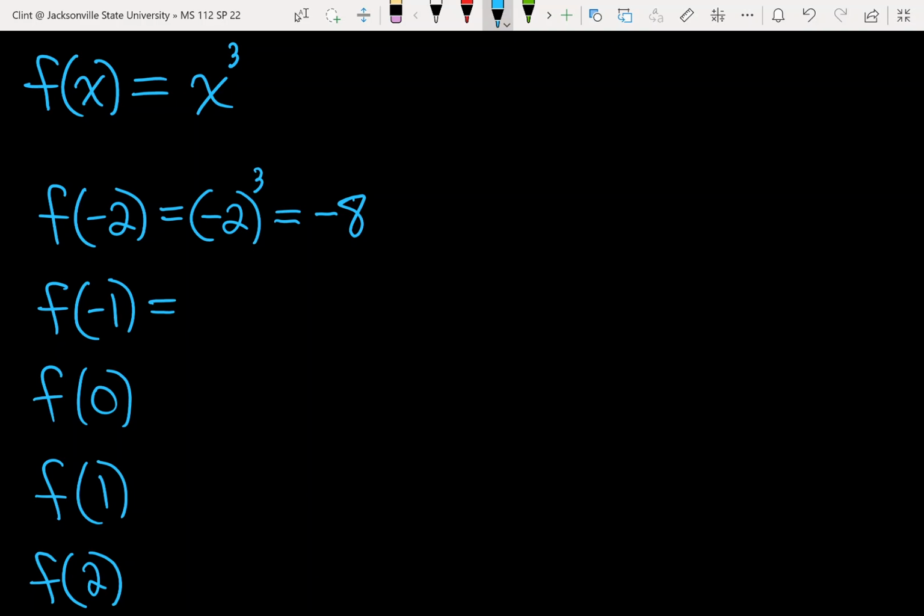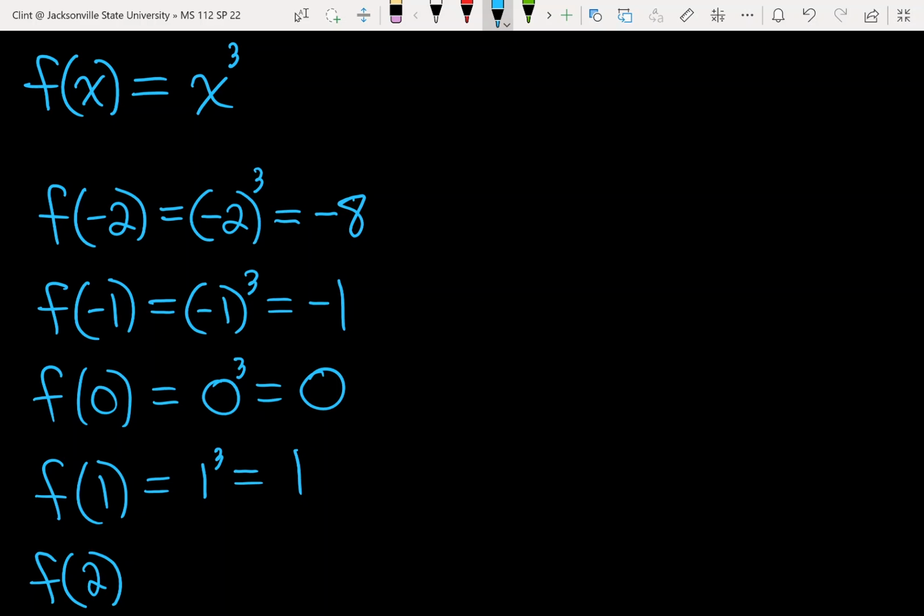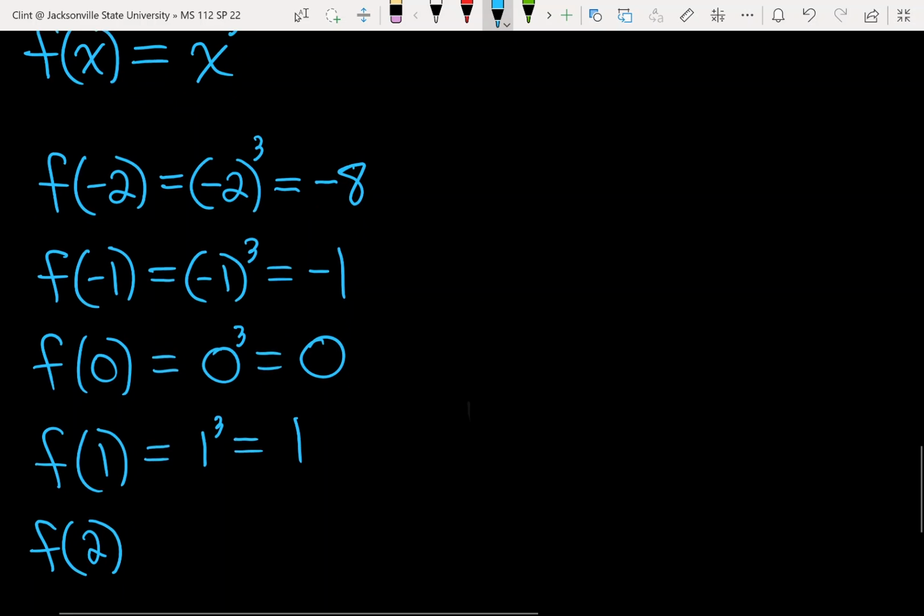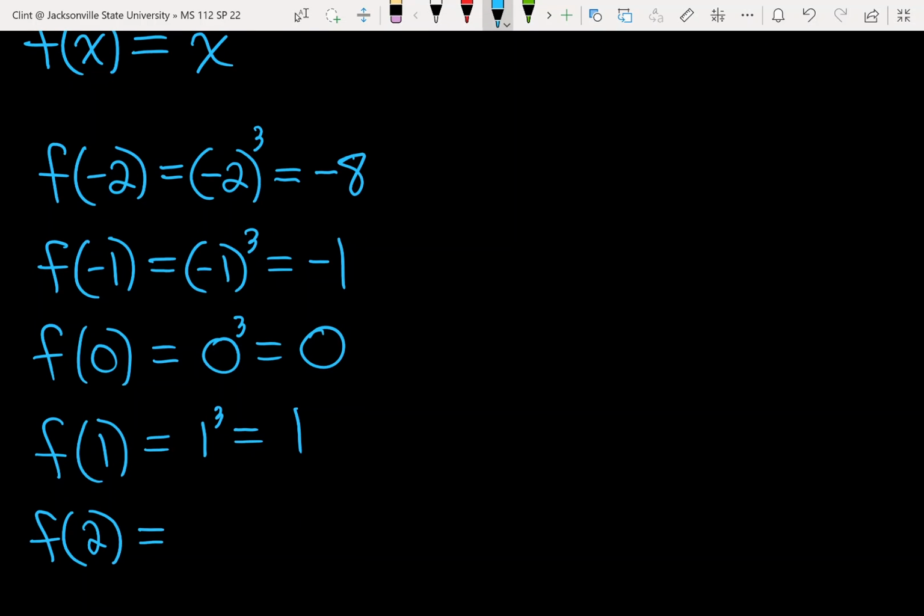Do the same thing with -1. -1 times -1 times -1 is going to give us -1. Zero's easy. 0 times itself 3 times is just 0. 1, we'll have 1 times 1 times 1, so that's 1. 2, we'll have 2 times 2 is 4, times 2 is 8.